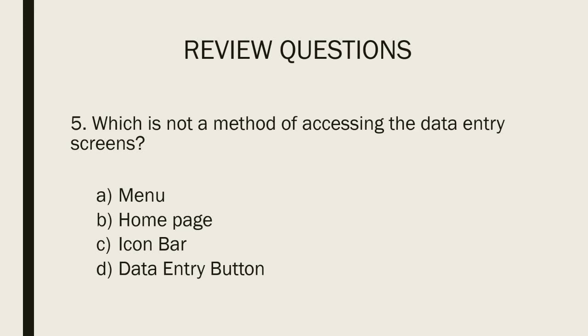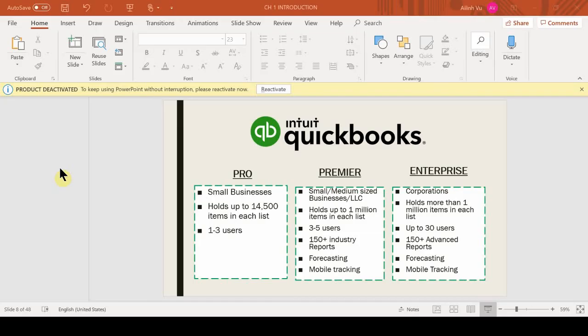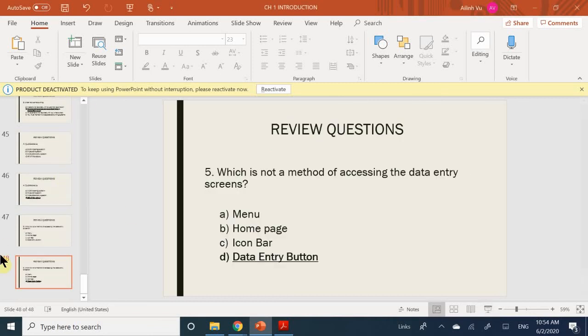So it will always ask you questions that are not, and you are correct. Data entry, there is no such thing. We've never talked about it. I've never said anything to you about it. So there is no such thing as a data entry button. So again, please be aware that when we're dealing with these kind of questions, make sure you read the question carefully and answer the question that is being asked.